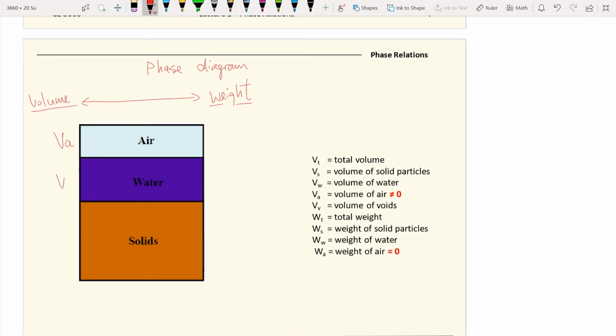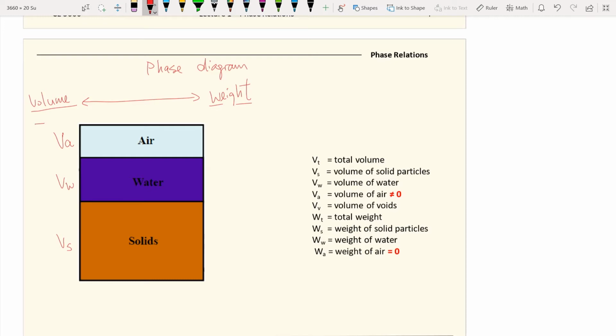Also, we have the volume of water, and also the volume of solid. And we want to quantify each of them based on the measurements that we can make in the field or in the lab. So lecture one, the phase relationships, is what we try to talk about: try to find the numbers, try to calculate all those terms. Volume of air, volume of water, and volume of solid.